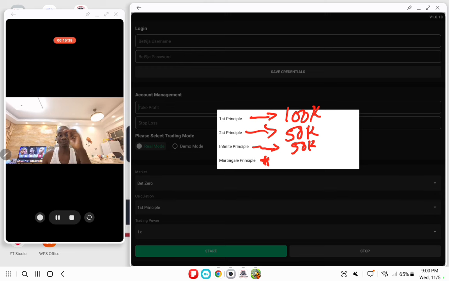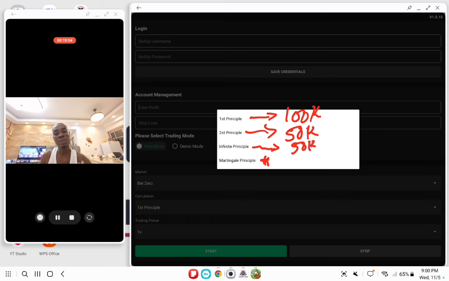Okay. Now let's come to this one. The Martingale principle. This one is very fast in making profits. Now the reason why this one is here is not because I expect you to use it directly.